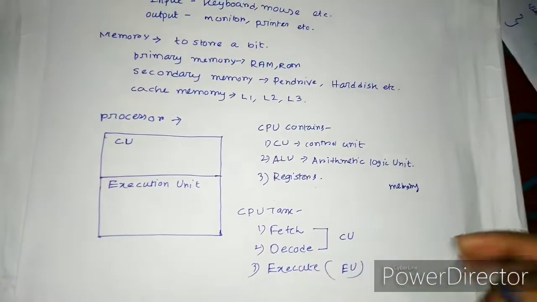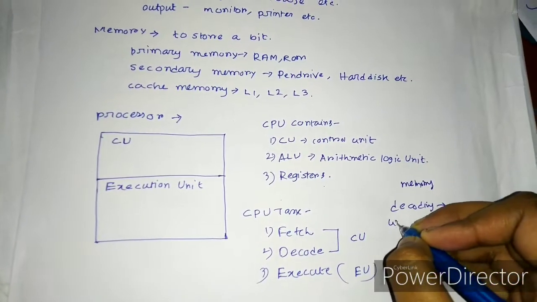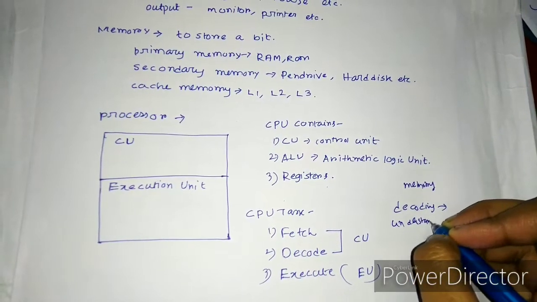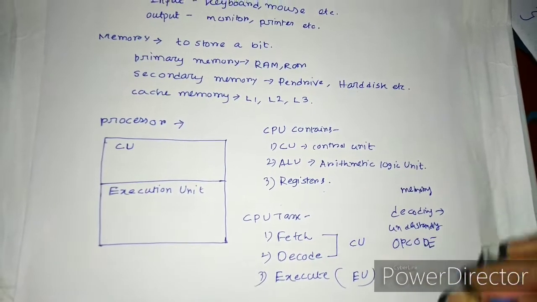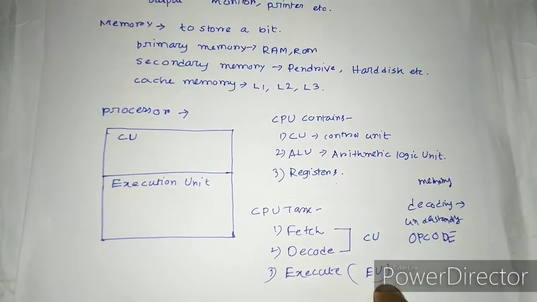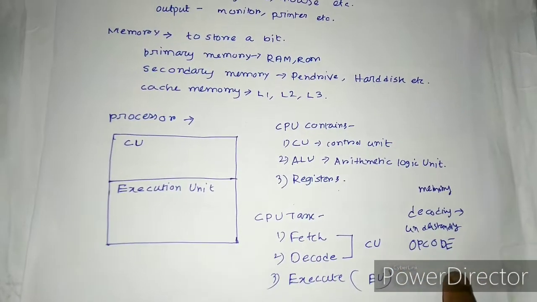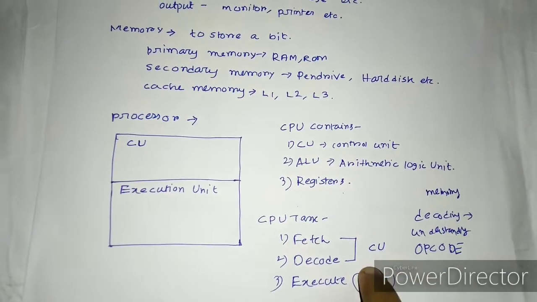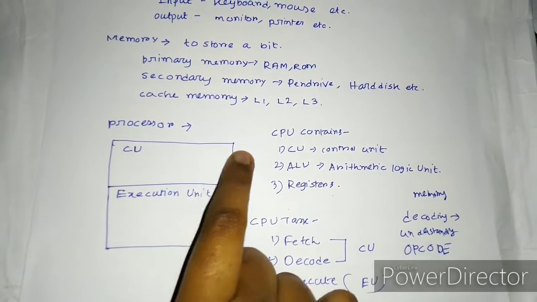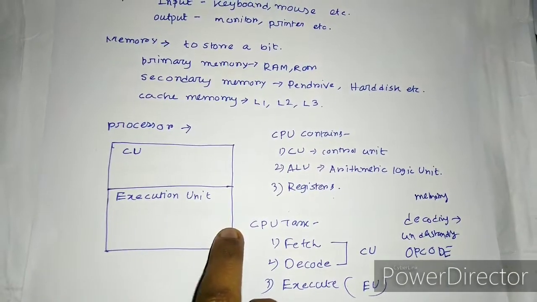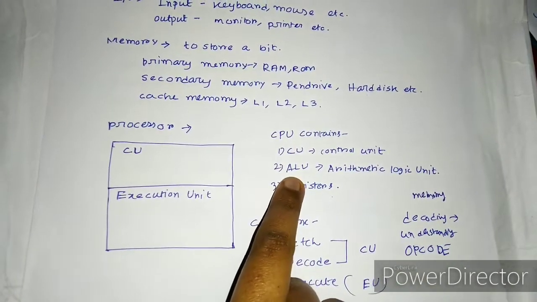What is decoding? Decoding is nothing but understanding the opcode. Decoding is not converting them into binary, it is already in binary. Decoding is just understanding the opcode. This fetching and decoding happens in the control unit. If we see the processor as control unit and execution unit, the fetching and decoding is done by the control unit and the register pairs and all.